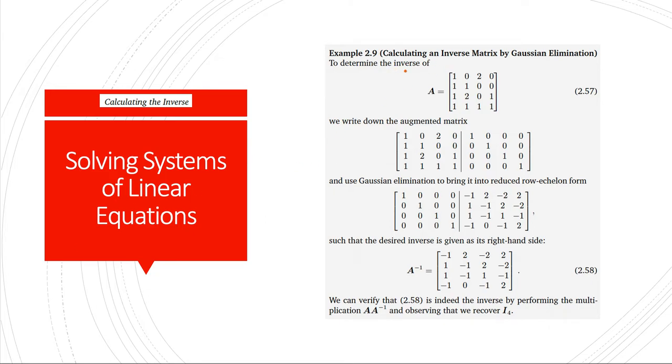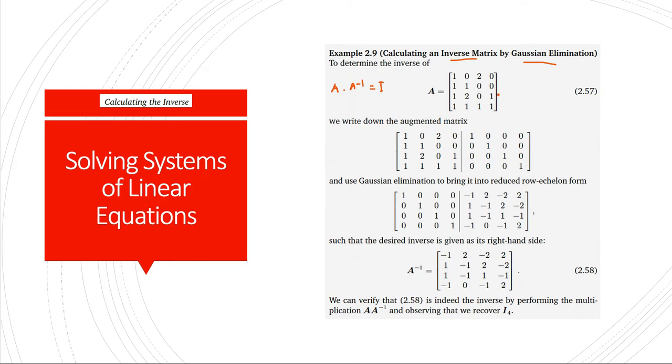And this is also a way we can get the inverse matrix by using Gaussian elimination. Remember for a matrix, the multiplication of A with A inverse gives the identity.